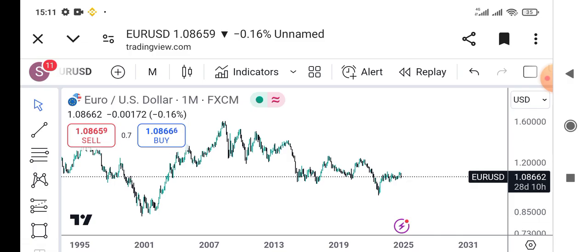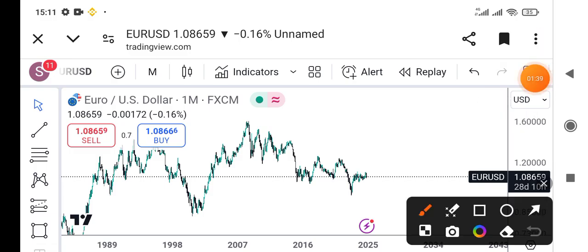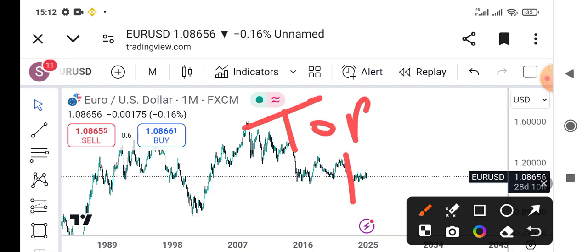So when you're doing your analysis, there are some things that we have to have in mind. First, you must start analysis from top going to bottom.